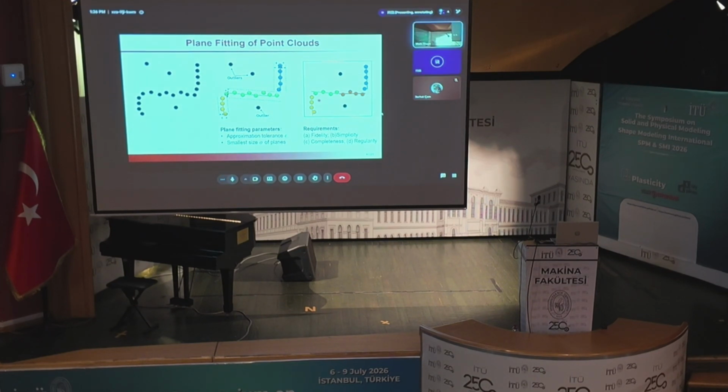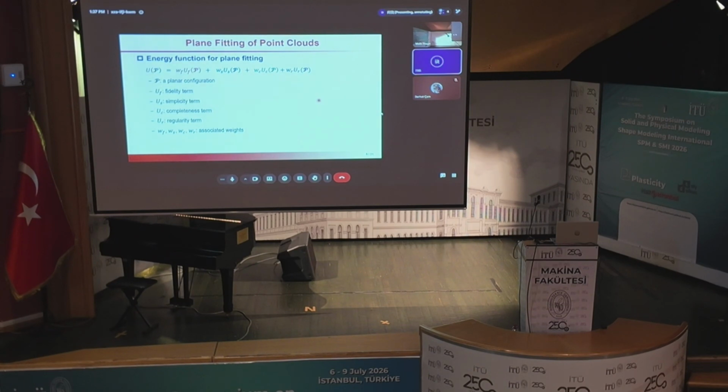The third is completeness, that is, all the points that fall within the approximation tolerance are included in the fitting process. And the fourth is regularity. We need to add some regularity constraints to the fitting process so that the orientations of the planes have consistent constraints. To satisfy all four requirements, we formulate an energy function.